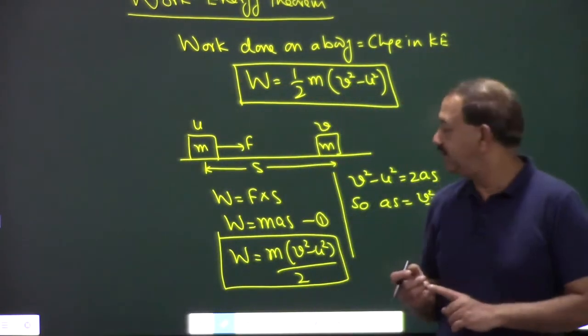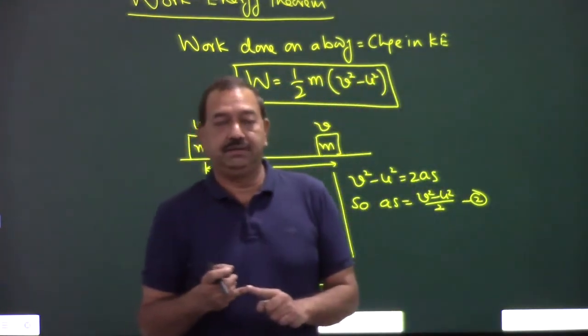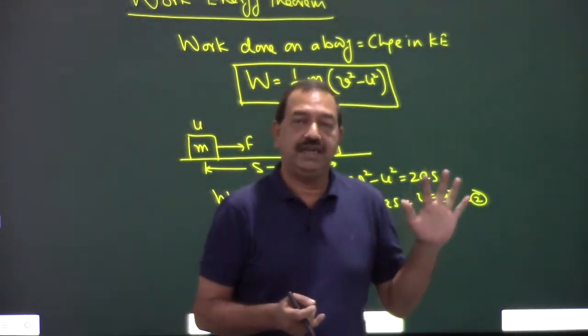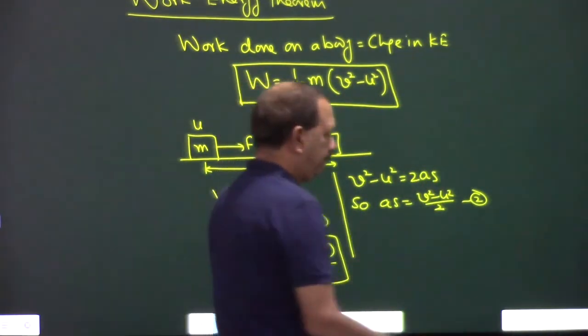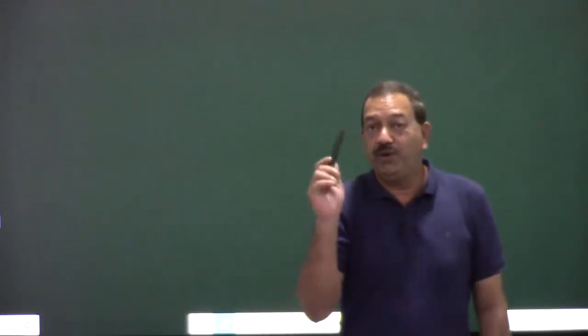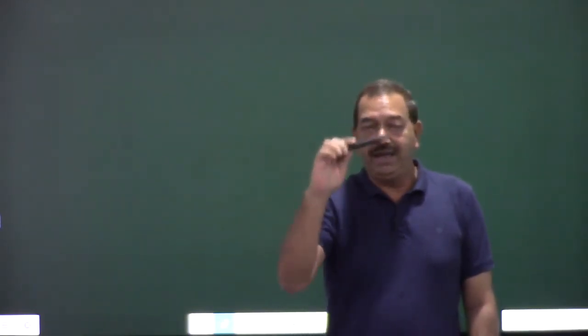Let's see an example and prove that work is always converted into kinetic energy. Okay, so let me take an example in which potential energy is also changing, but the whole work done will go to the kinetic energy. Imagine this is an object.